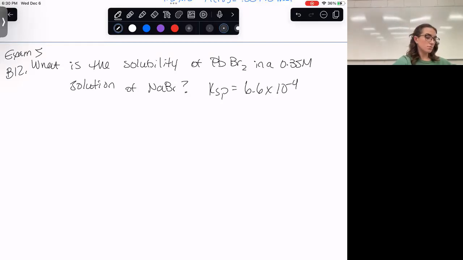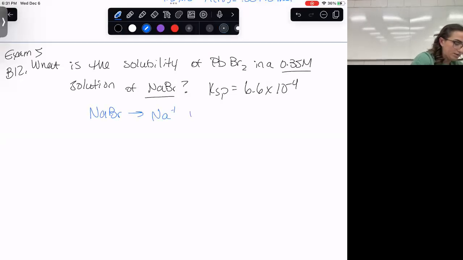Okay. So for this one, we're saying that we have a solution of NaBr at 0.35 molar. NaBr is going to completely dissociate into Na plus and Br minus.